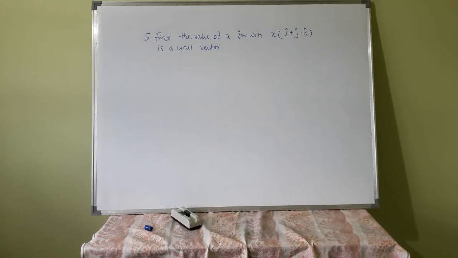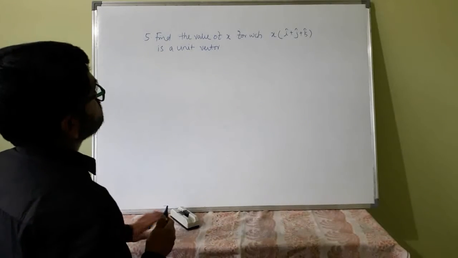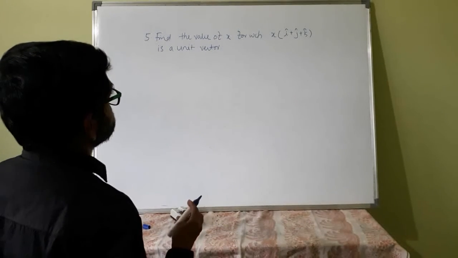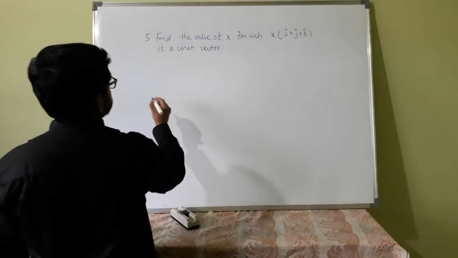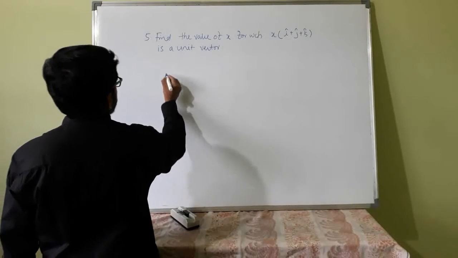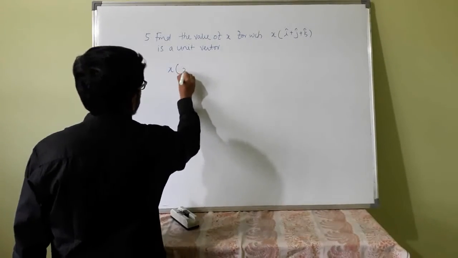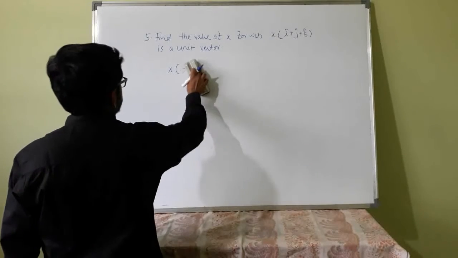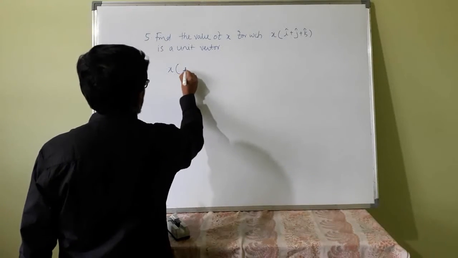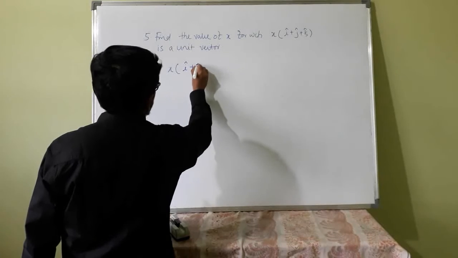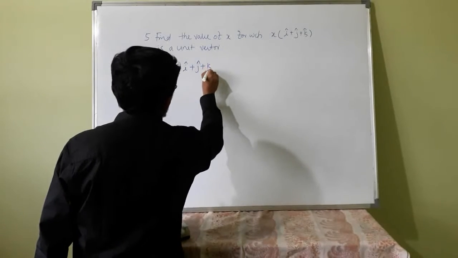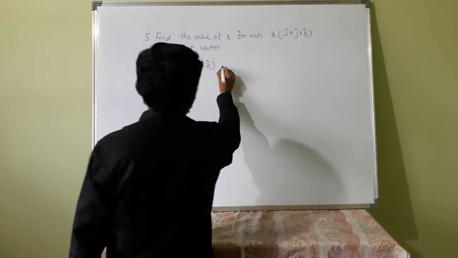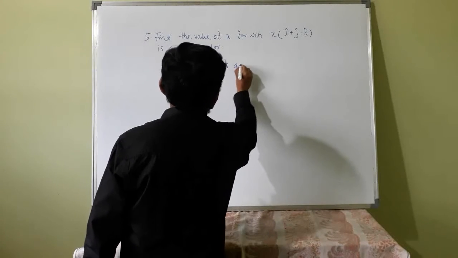Find the value of x for which x times (i cap plus j cap plus k cap) is a unit vector.